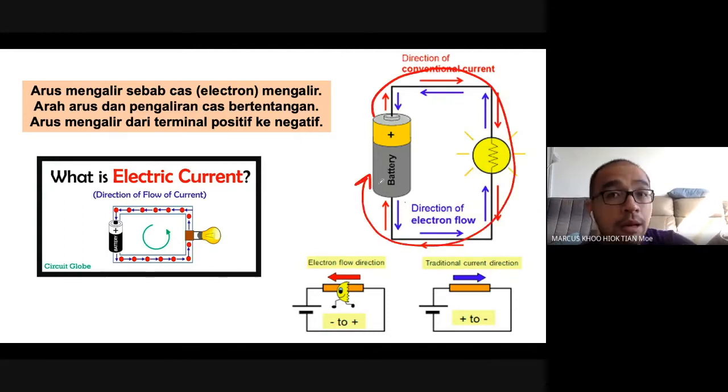This is a very important thing. Because the electrons are flowing, the current will flow, but they are flowing in different directions. Let me know when you finish copying.